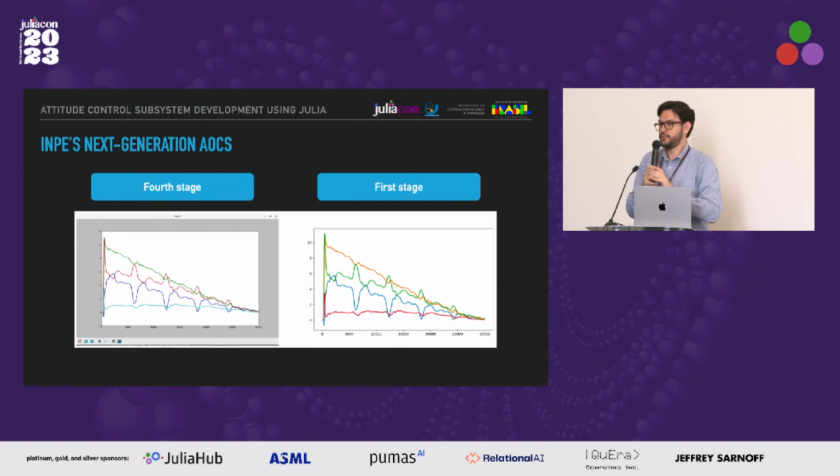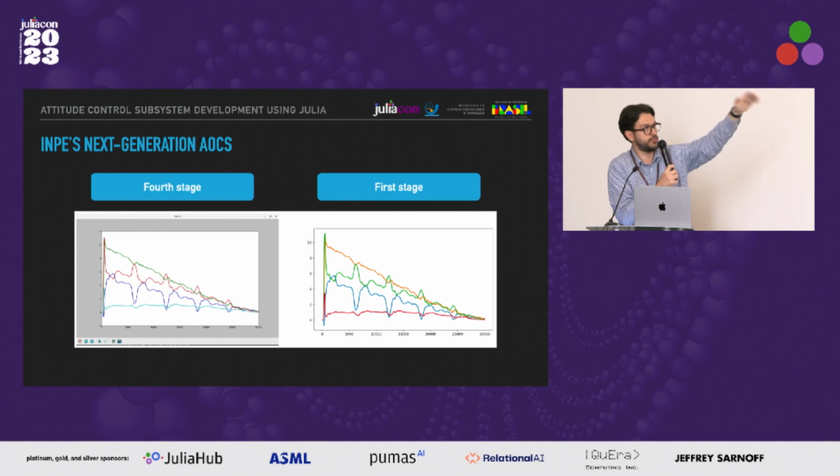So, sorry for the ugly picture. It's the only one I could show you, but I will try to explain what it means. On the right, we have the first stage. This is a variable related to the reaction wheels. We have 4 reaction wheels, so 4 curves.